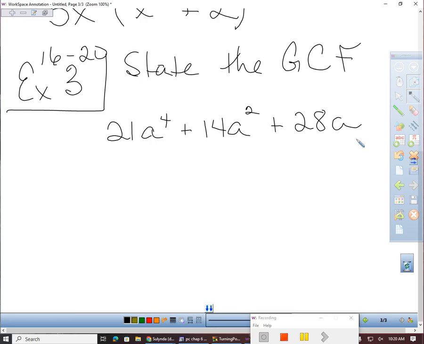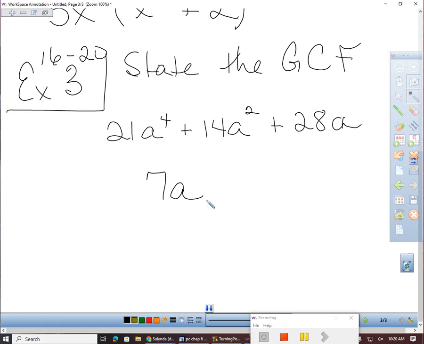What is the biggest number I can take out of all three of those? 7, I agree. 7 goes into all three of those. How many a's is the most a's I can take out? 1. This one has 4, this one has 2, but this one only has 1, and I can't take more than what the lowest one is. So my greatest common factor is 7a.